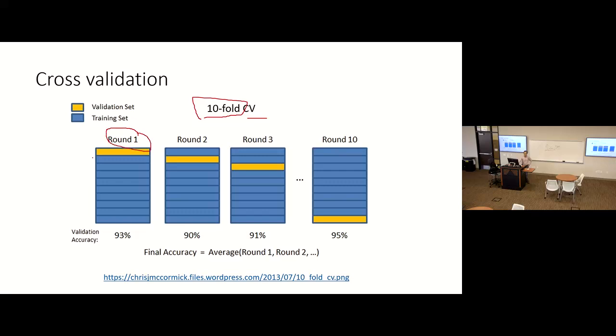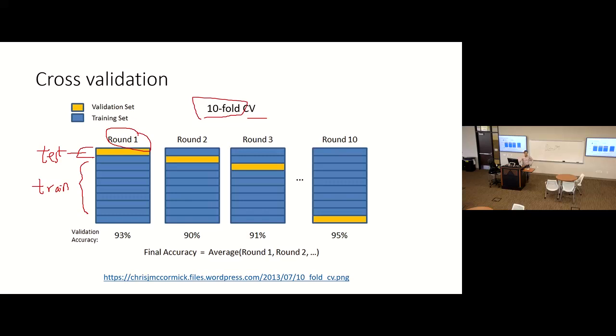In your first round, you randomly select 10% as your test, and use the rest, 90% of your data points, as training.